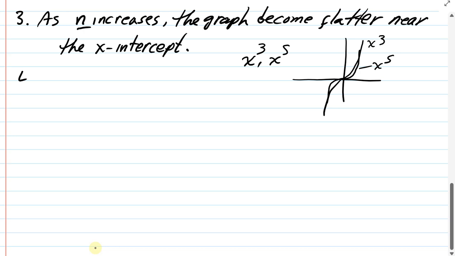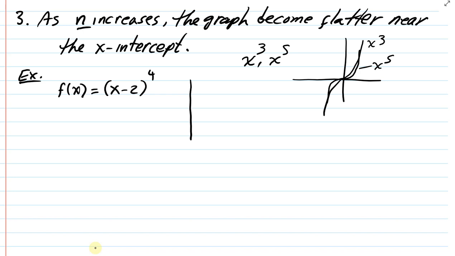If I have another example, let's say with an even function, suppose I have f of x is equal to x minus 2 to the 4th power. For x minus 2 to the 4th, there's going to be a horizontal shift to the right of x to the 4th. Remember, x to the 4th is going to be very flat near 0.